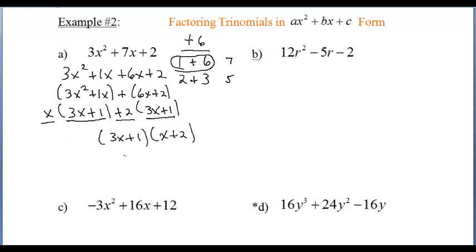Example 2b, 12r squared minus 5r minus 2. So I look first to see if I have a GCF other than 1, and I don't. So I'm going to multiply my 12 times negative 2, and I get a negative 24. I'm going to write down all my factors of negative 24.